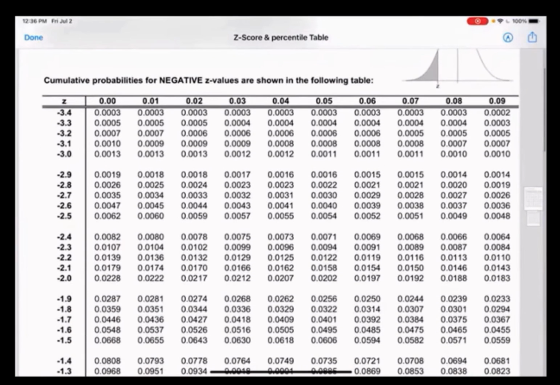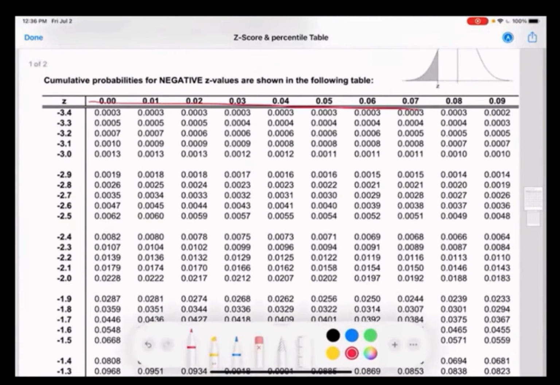Okay, we can see up on top, we've got our second decimal point, and on this side in this first column, those are going to be our first decimal point. So if we're at negative 1.86, we just line those up. So we go all the way across, and then we go all the way down. And that ends up giving us that percentile there.